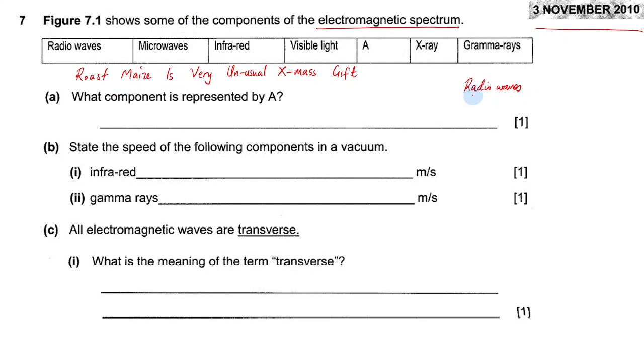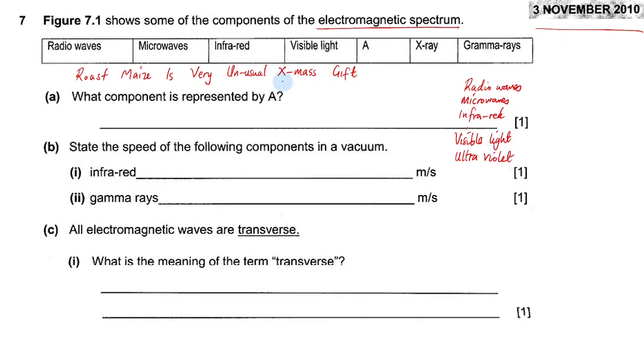Then maize stands for microwaves. Then the next one stands for infrared. Then this one here, very, stands for visible light. Then this unusual stands for ultraviolet.